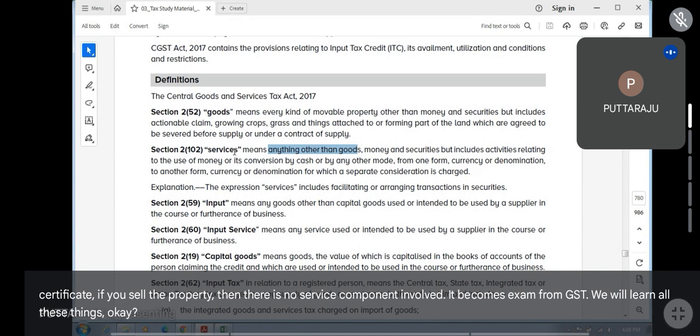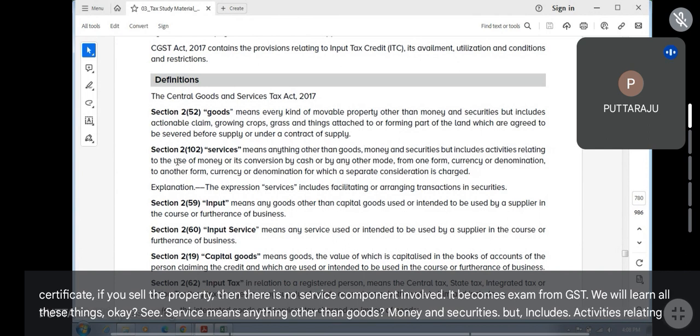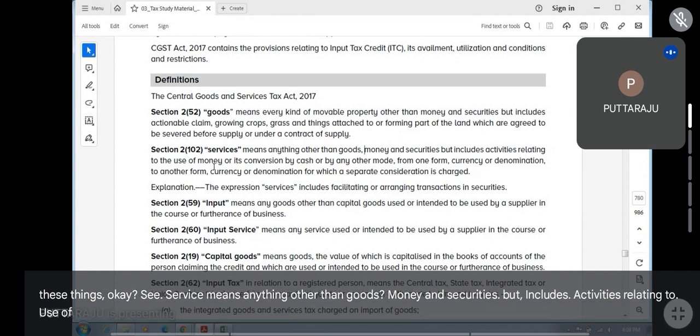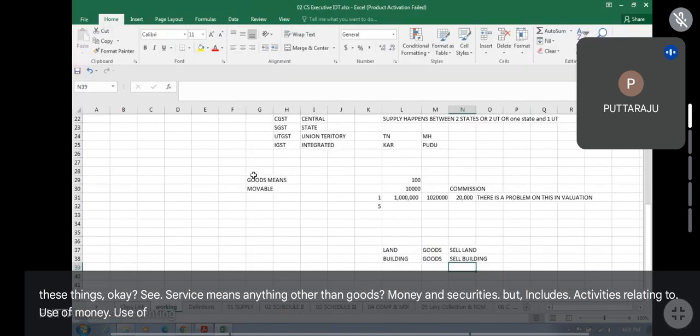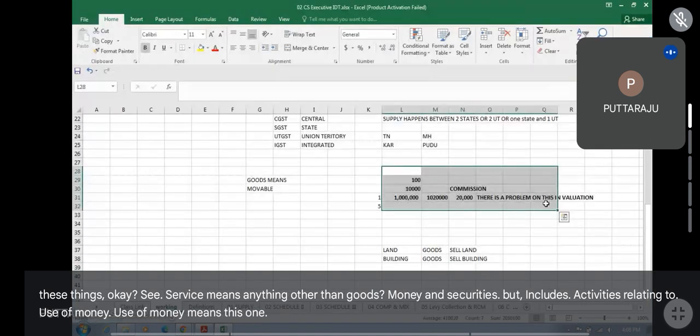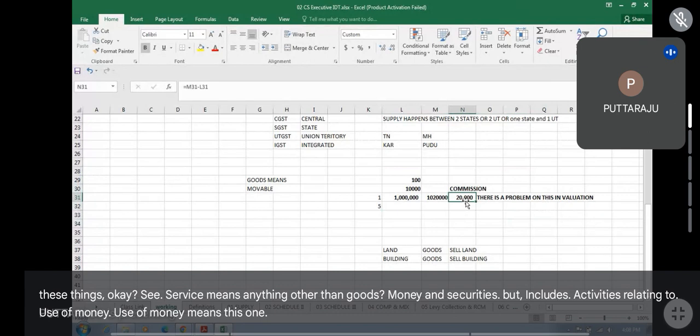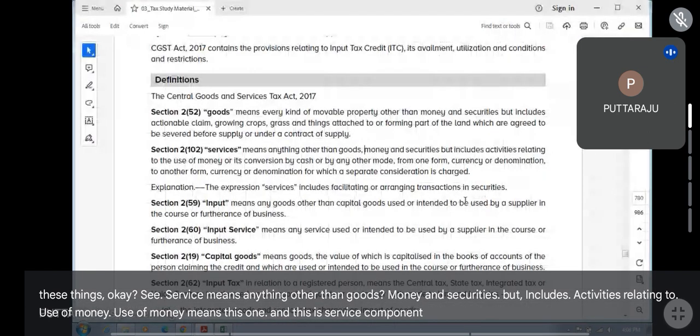See, service means anything other than goods, money and securities, but includes activities relating to use of money. Use of money means this one, and this is the service component. Use of money or its conversion.